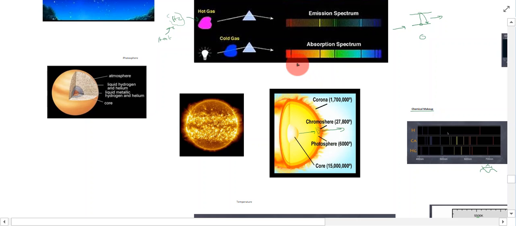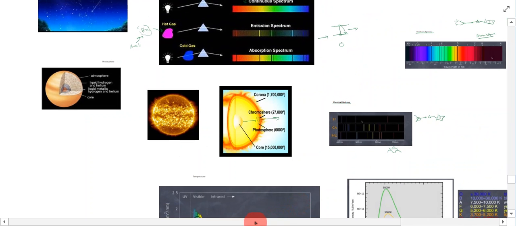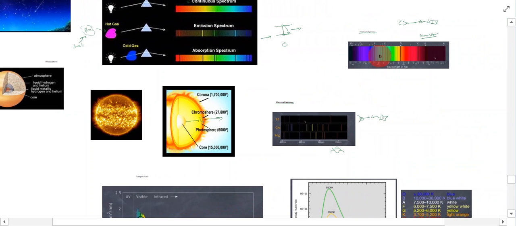So what we can do then is we can see, when we look, for example, here at the absorption spectrum that's created. So remember, this is your absorption spectrum process. We can see these clear lines that are being absorbed. And these clear lines being absorbed here, these wavelengths of light, directly relate to particular elements that must be present within this atmosphere, or what's known as the photosphere of the sun.